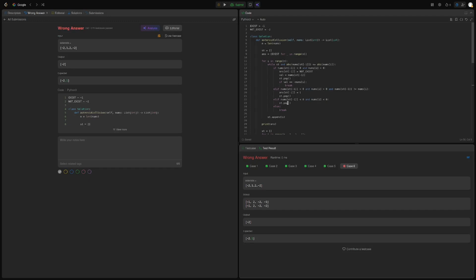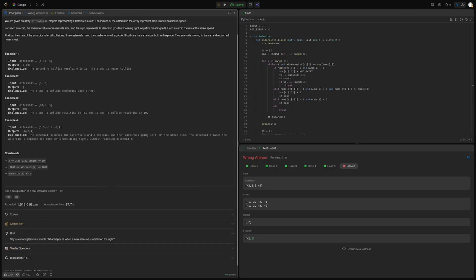Yeah. That doesn't quite work. Okay, I'm gonna read the hint because, say a row of a stable, what happens when a new asteroid is added to the right?